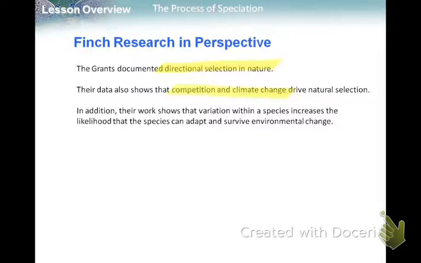The other important thing they have demonstrated is that variation within a species increases the likelihood that the species can adapt and survive environmental change. It doesn't guarantee the survival of every individual, but it increases the chances of survival of the species as a whole.